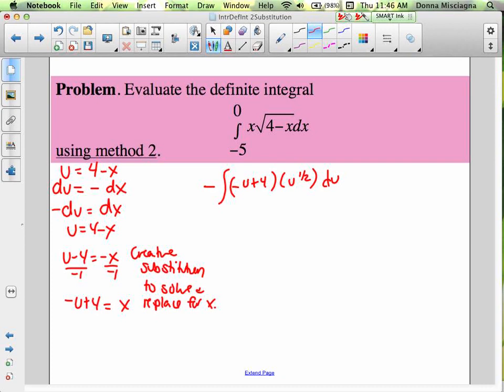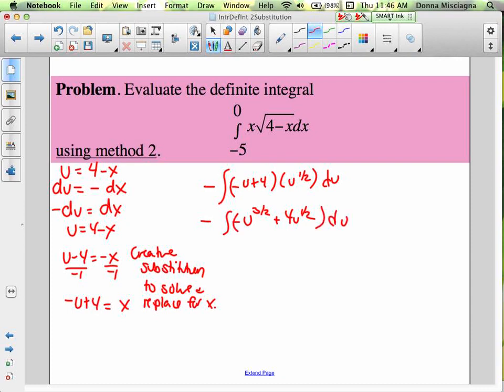So I can multiply a single term raised to a rational exponent to a binomial that has no exponent on it. I just couldn't do the reverse. I can't distribute the x to these guys with the exponent on them. All right, so now when we rewrite this, the integral becomes negative, u to the 3/2 plus 4u to the 1/2 du.